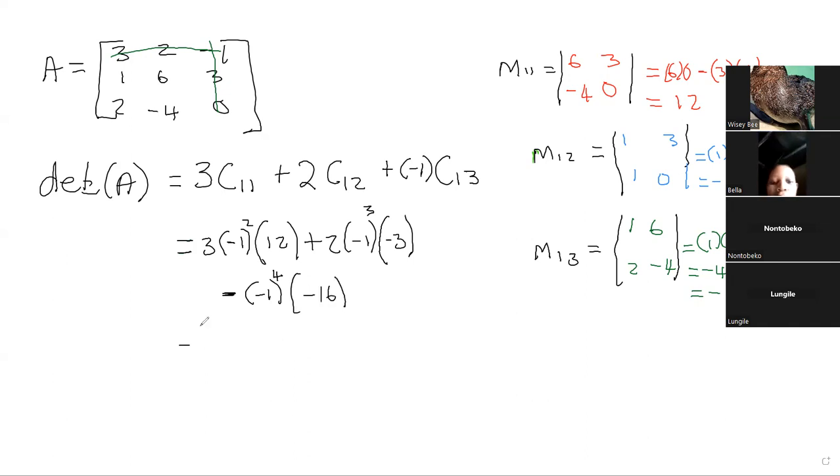And this should be 3 times 12. Then this would be minus because it's an odd number. And then this minus will give a positive 2, 3, and then this will be positive. This minus will cancel this minus. That would be 1 times 16.